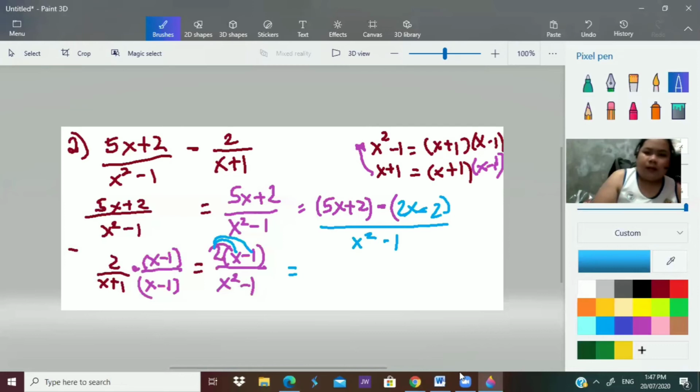Okay. Ngayon, meron pang inatatanging rule sa subtraction. Ang rule natin sa subtraction is always change the sign of the subtrahend. Always change the sign of subtrahend. So, papalitan natin to ngayon. So, from positive 2x, this would be negative 2x, and this would be positive.